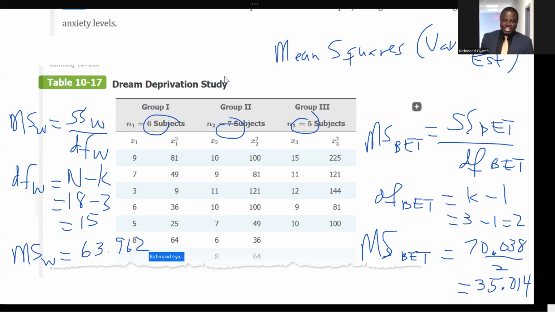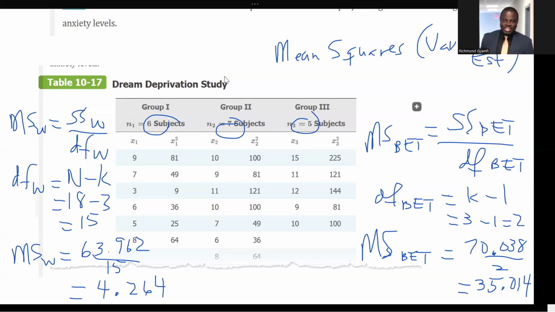And that should give us 4.264. So these are MS, or mean squares, or variance estimates.